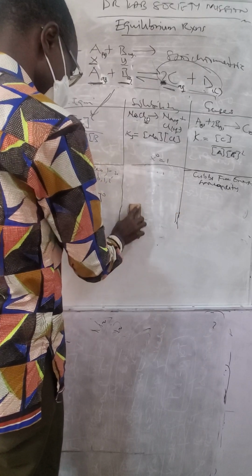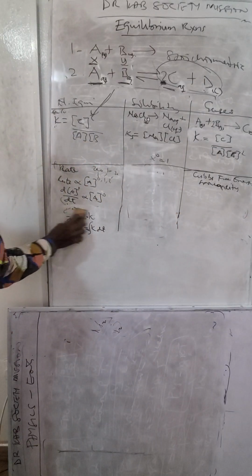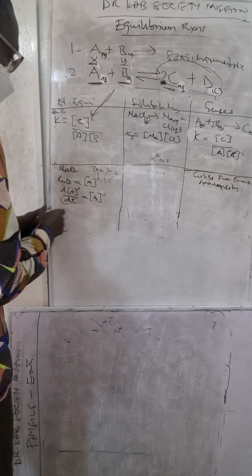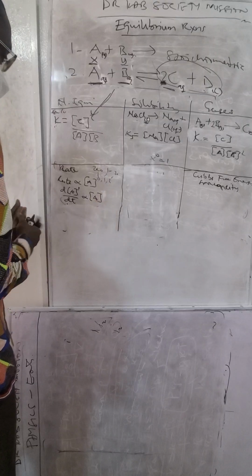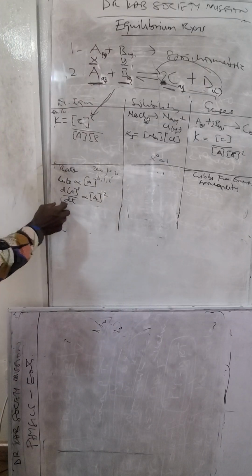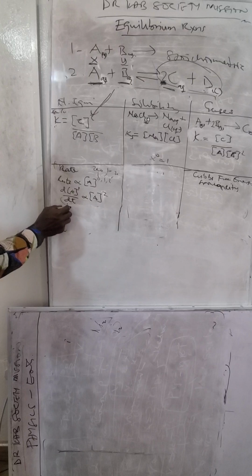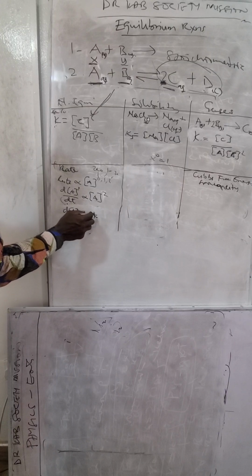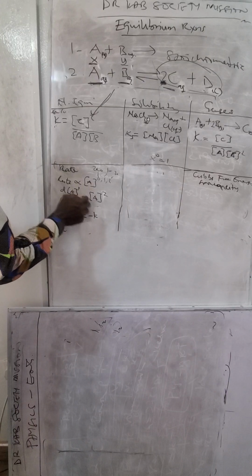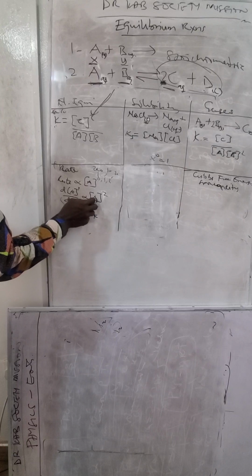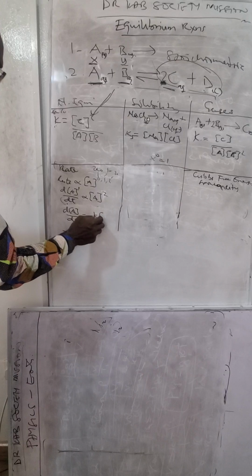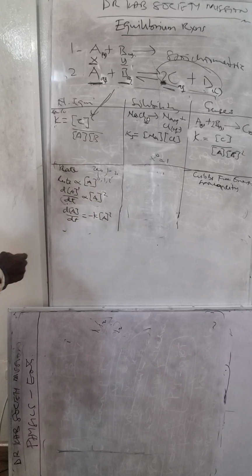So let's say you can put to the power 2 here. Let's see what happens. Put to the power 2 here. What are we going to get? dA over dt is proportional to negative k, because it's reducing, the reaction is increasing, this is decreasing, so let's put negative k A to the power 2, right?